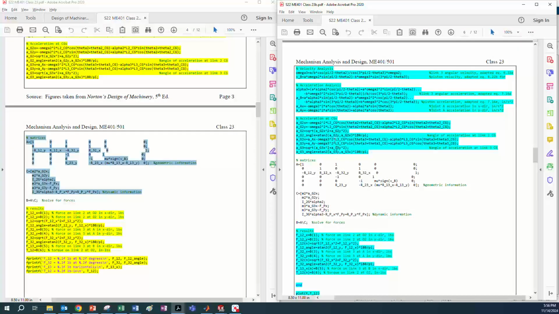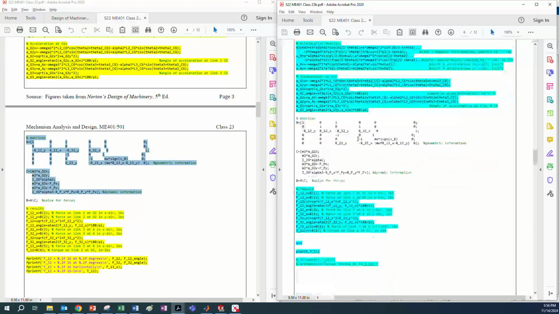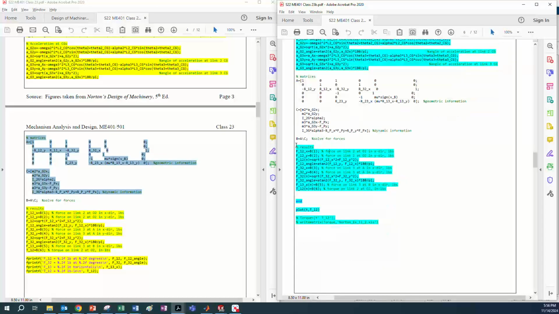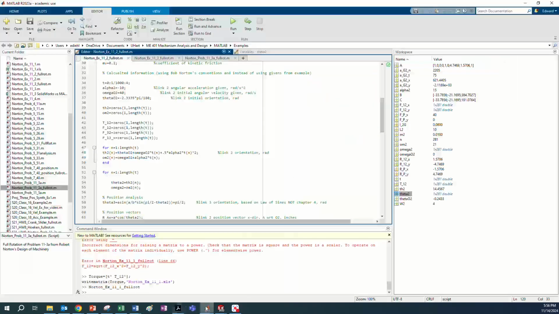Some things we don't need, and then they get reused. But we end up with a B, and each time we get a B, we harvest out the forces that we want, and then also get the torque. And so then we have the plot. So let's take a look at the full rotation here.